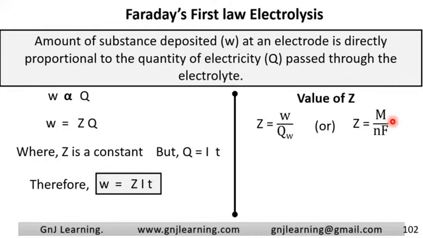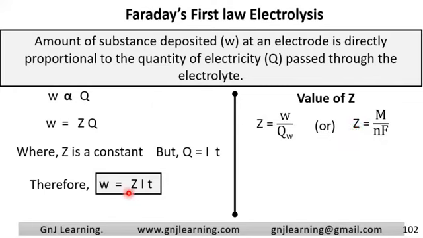I get 23 grams, which is the molar mass. So I can find the value of Z of a substance by dividing its molar mass by N into F, where N is the number of electrons for its reduction and F is Faraday. So this is how you can get the value of Z.